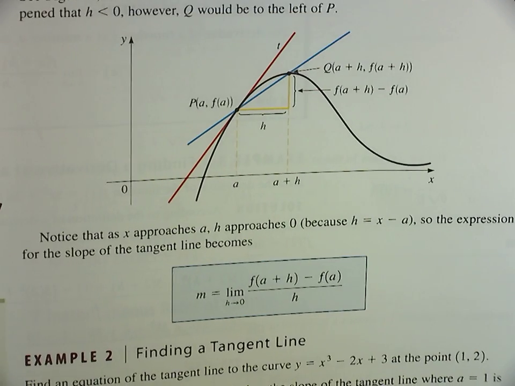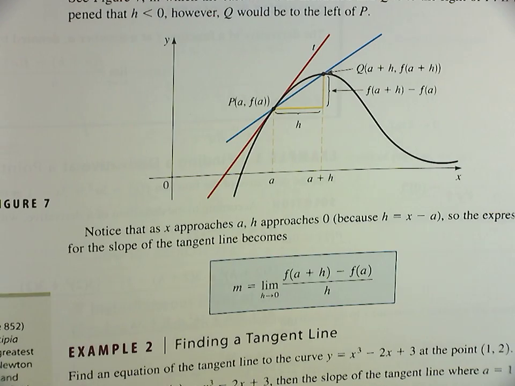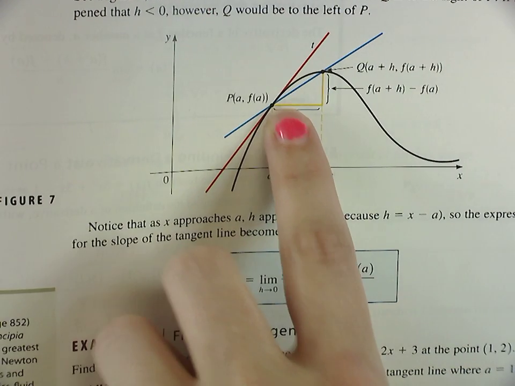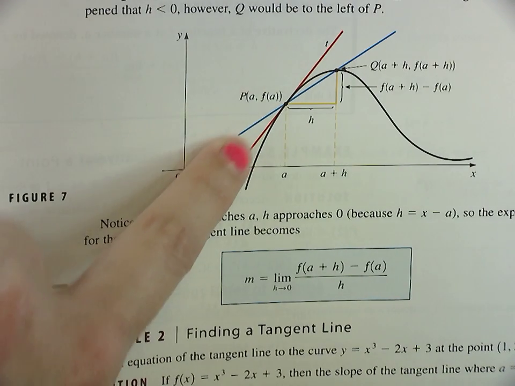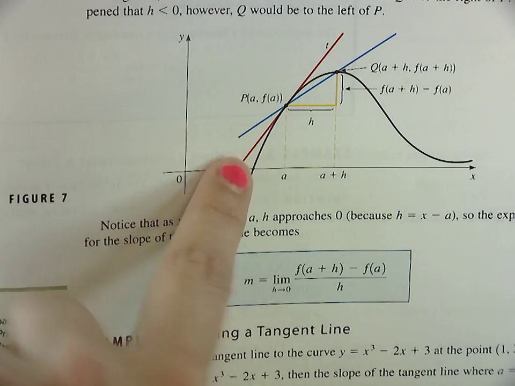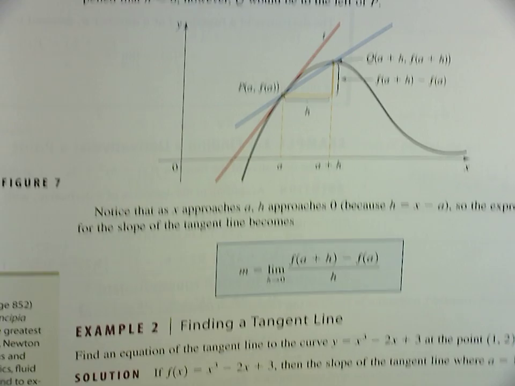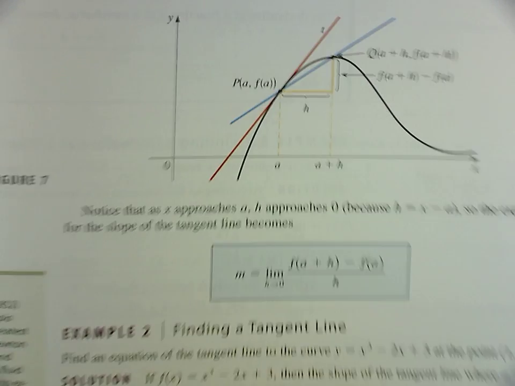That's page 858. So this one is also similar. They are just showing you here your tangent line, which is in red. And you're going to have two equations today. So we're going to go over them. This is going to explain to you the second equation.